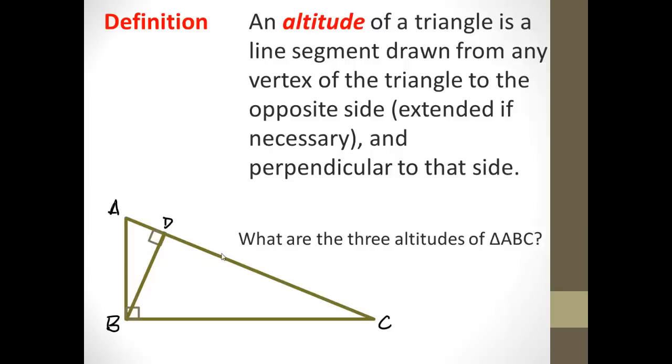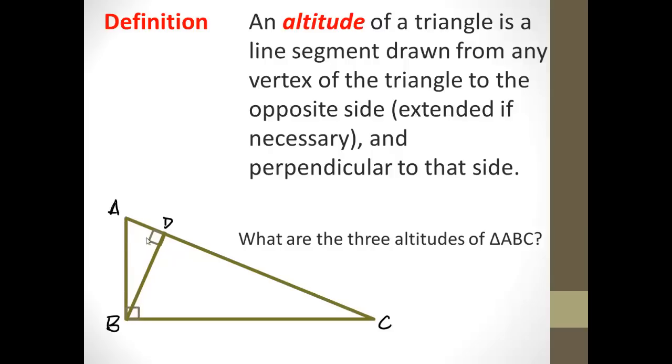So look at this triangle here, and what are the three altitudes of triangle ABC? Well, now we haven't exactly gotten into the types of triangles yet, but you notice that this has a right angle down here. When you have a triangle where one of its angles is a right angle or 90 degrees, you're only going to see two altitudes easily.